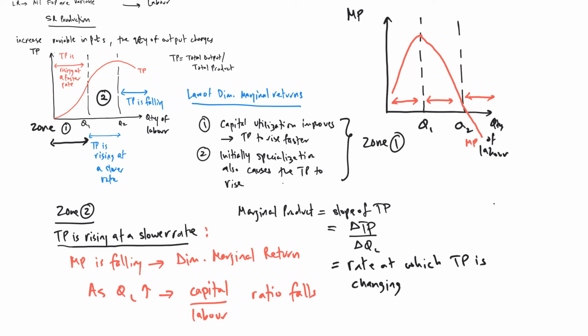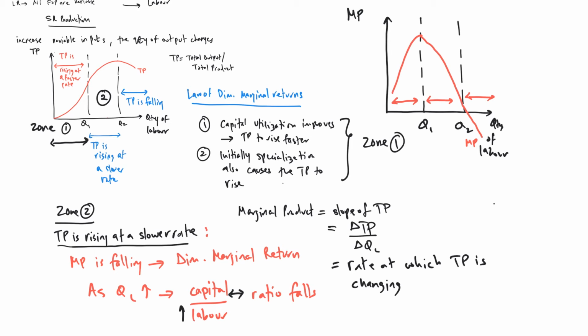Same capital, remember we are in the short run, same capital, and I'm adding more labor. You keep adding more labor, each laborer gets less and less capital to work with. If this table is my fixed factor, and I keep adding more workers to work on this table, there comes a point when the table becomes super crowded, and it will affect everyone's productivity.